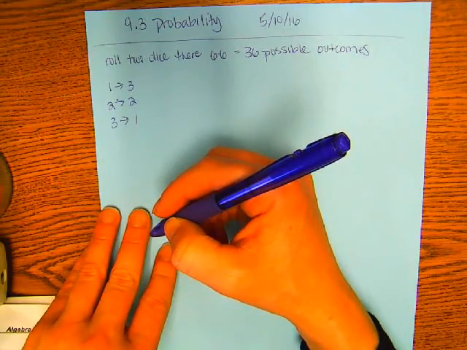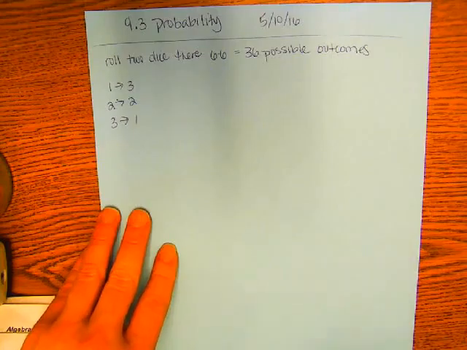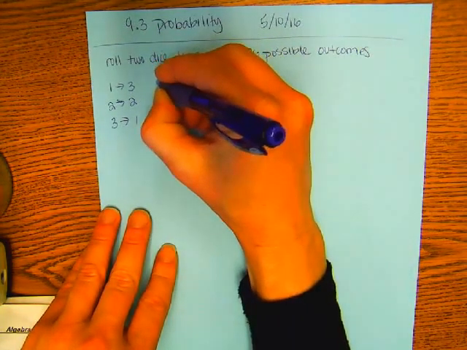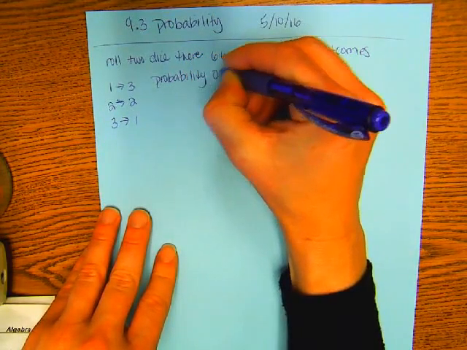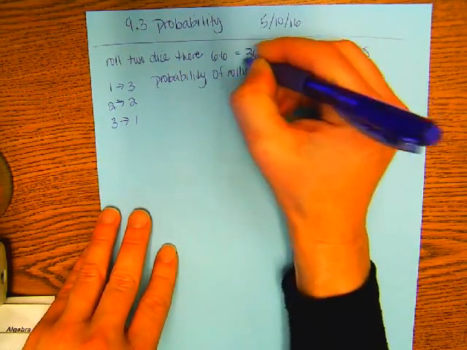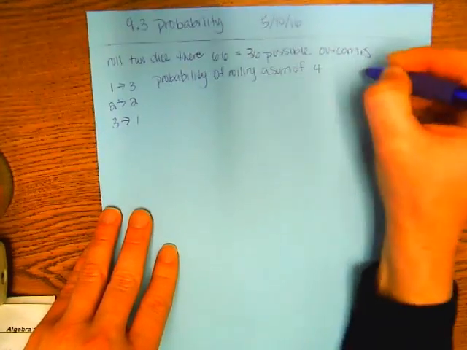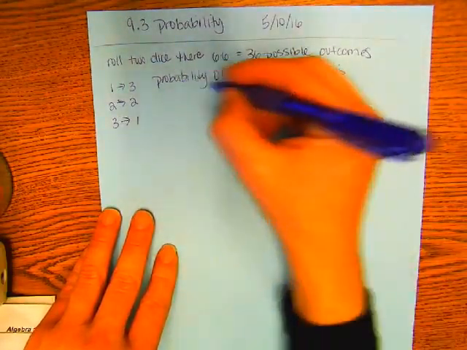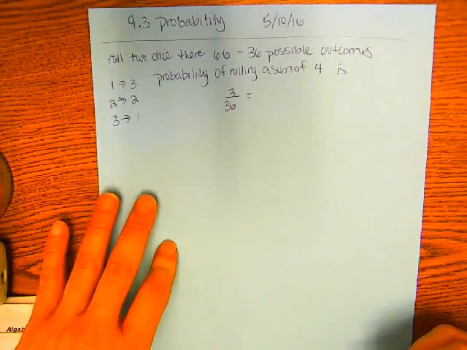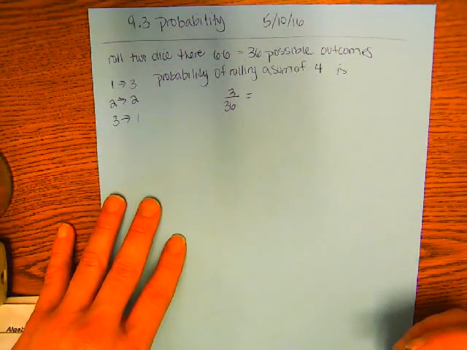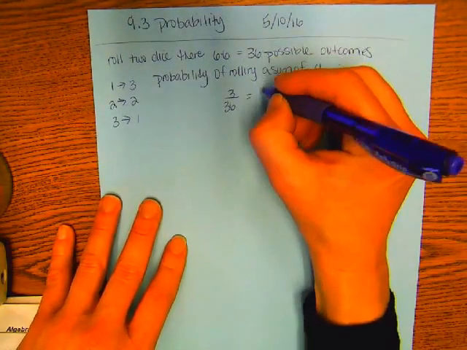How many did I find? 3. So my probability of rolling a sum of 4 is 3 out of 36, which you can leave as decimals or fractions or percentages. 3 out of 36 is what? 1/12.